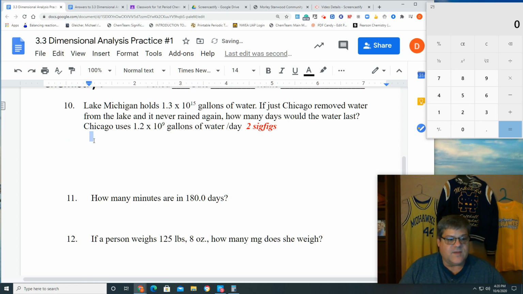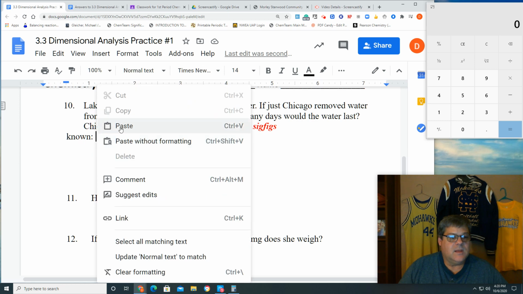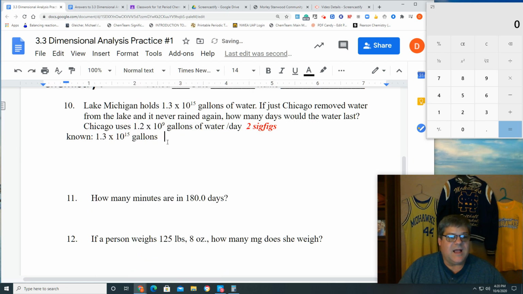So we're going to start off with our known. Our known is this one right here, 1.3. I'm going to make it easy on myself and just copy that and paste it right there. I also know that I have this right here, which is water per day.